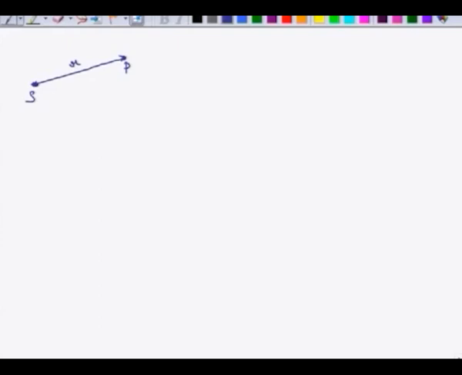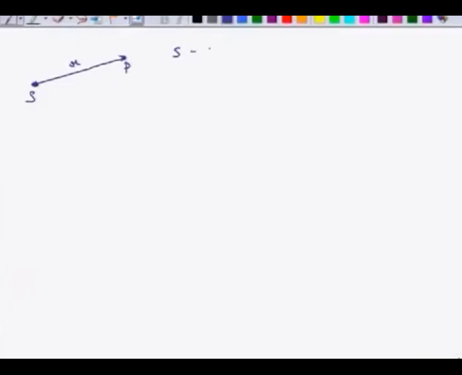S is the point from where these spherical waves are emanating. So, P is the observation point which is at a distance r away, and S corresponds to the location of the source of spherical waves.